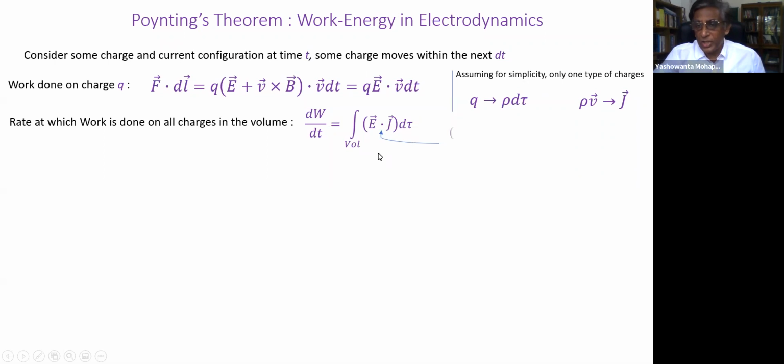Now this E dot J can be considered as the work done per unit time per unit volume, that is power delivered per unit volume.